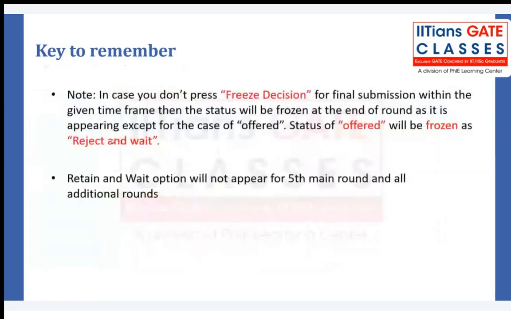Okay, so note what are the things you have to keep in mind. In case you don't press freeze decision for final submission within the given time frame, as you can see over there, I have shown you the tentative dates, there is a given time frame where you have to finalize everything.